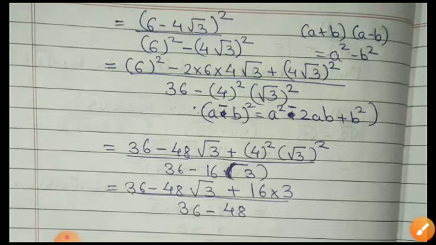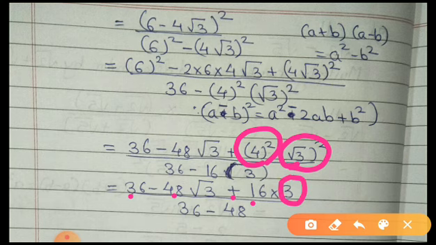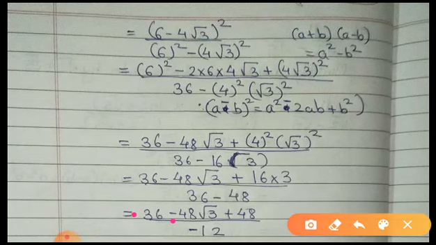So I'll be getting at the last 36 minus 48 root 3 plus 4 square is 16 and root 3 square is 3. And the denominator is 36 minus 6 into 3, 6 3s are 18... so I'll be getting the answer as 36 minus 48 root 3 plus 48 by minus 12.